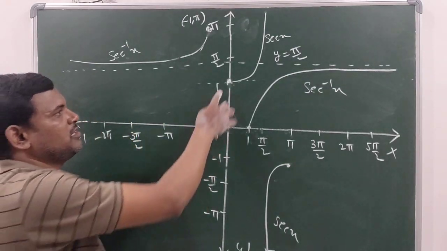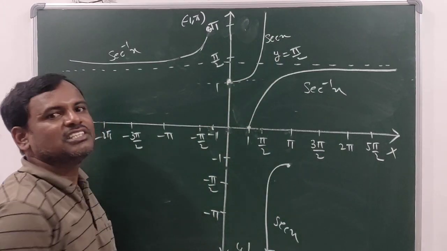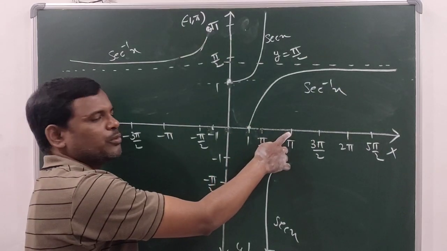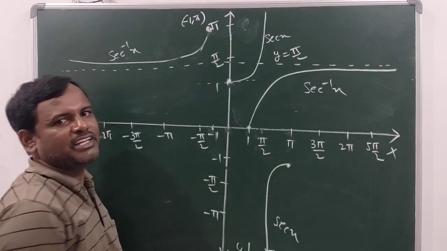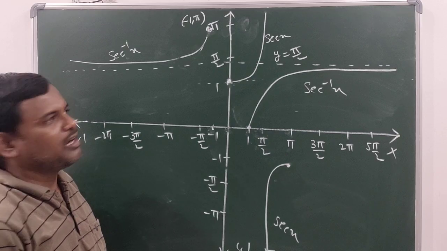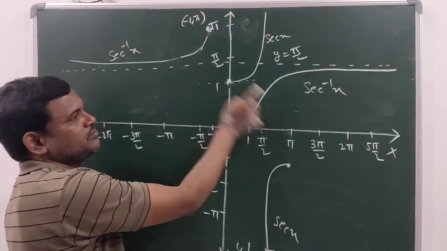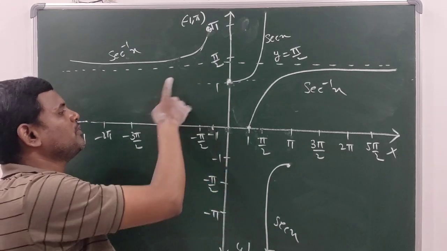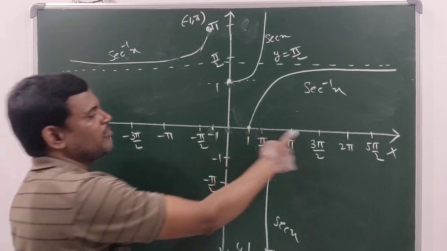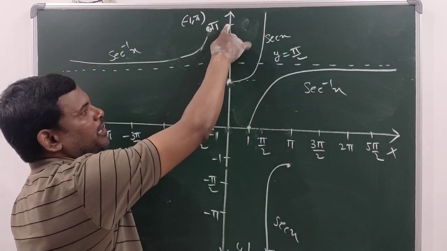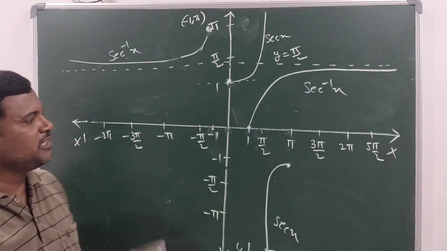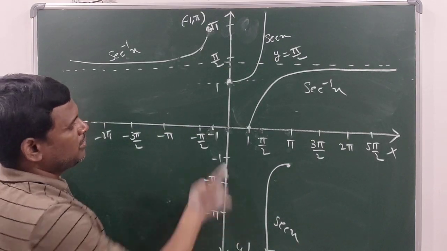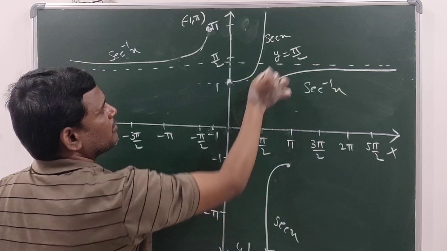Okay, see, what is this? The secant x graph in the interval 0 to pi, with 90 subtracted, and what is this? The graph of secant inverse of x. So in the interval minus infinity to minus 1 and 1 to infinity, the range is 0 to pi, but 90 is subtracted. I hope you have understood this, and both are mirror images with respect to the line y equal to x.